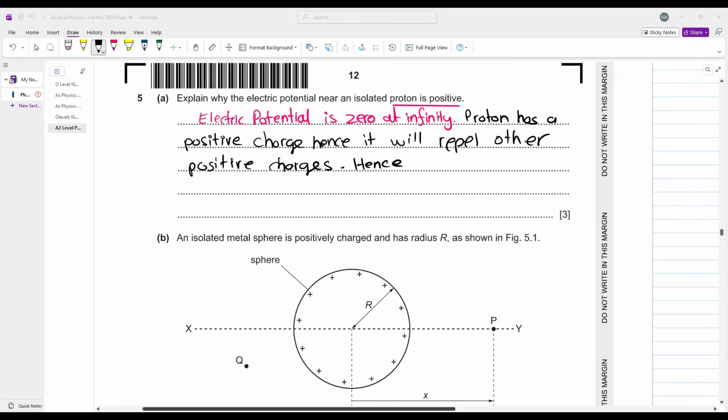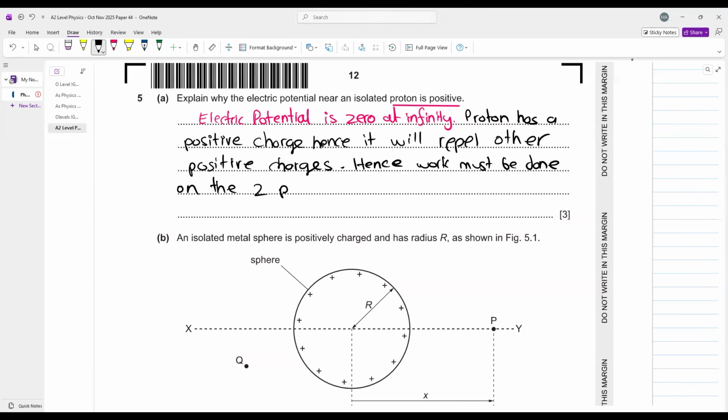Hence, work must be done on the two positive charges to bring them close to each other.